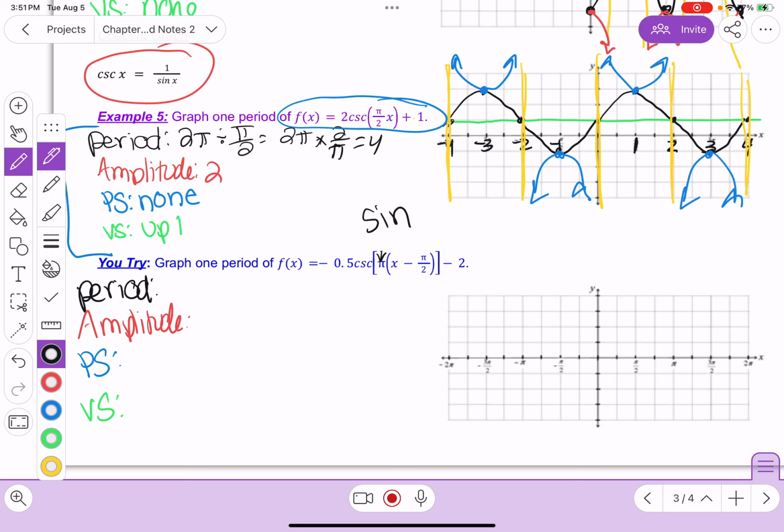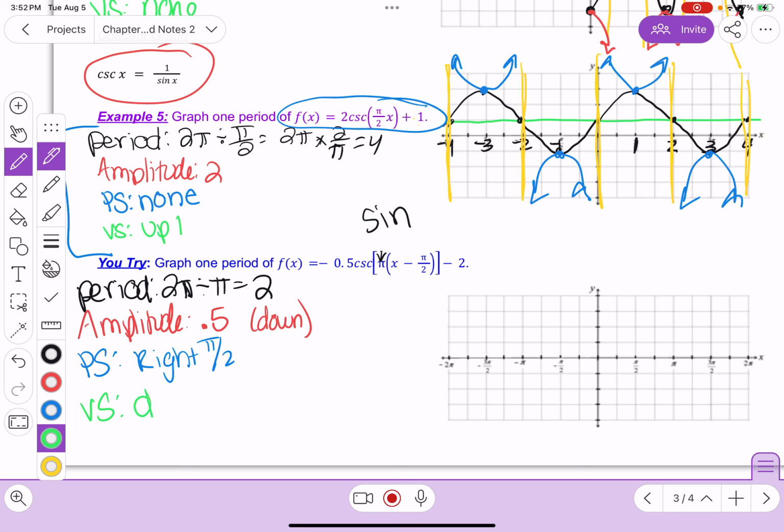So the period is 2 pi divided by pi, which is 2. Amplitude is 0.5, but notice it's negative, so we're going to go down first. Phase shift is right pi over 2. And my vertical shift is down 2. So my midline needs to be here.